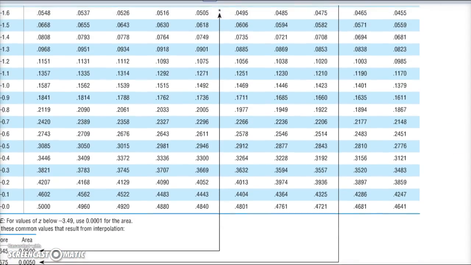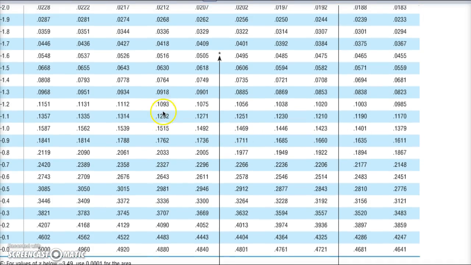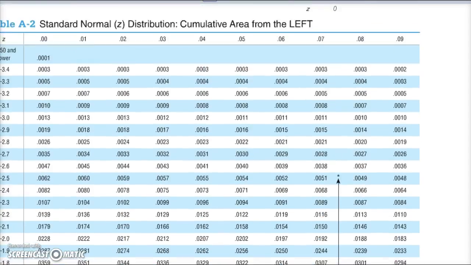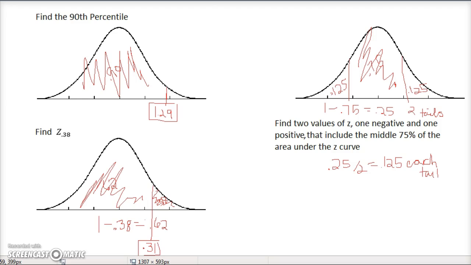So we are looking for what's closest to 0.125 in the middle of the table. So it appears the closest is negative 1.1. It's right here, so follow this up. 5.